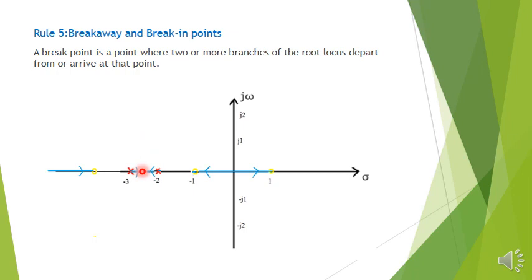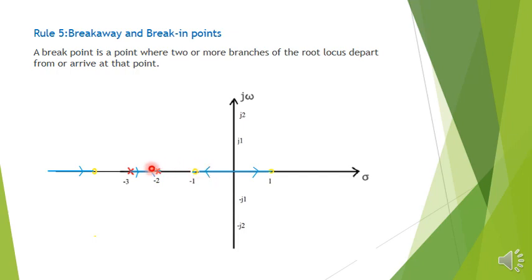So somewhere in between it has to deviate. So this point we need to find. Or one more chance, two consecutive zeros with a part of the root locus in between them. Then there is also a chance of a break-in point, because two branches arrive at this point and then it is going.